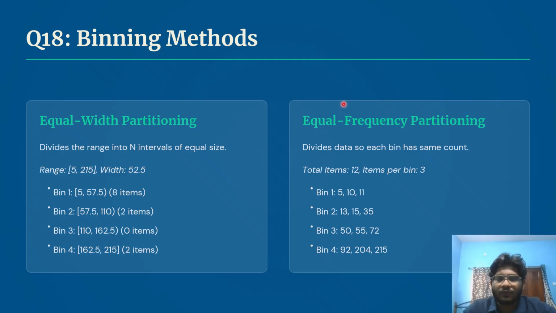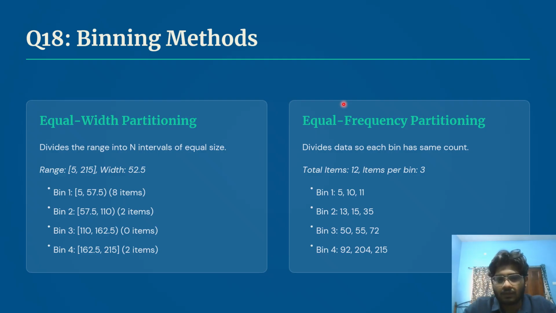And now we will see the equal frequency partitioning. Each bin contains the same number of data points. It divides the data so each bin has the same count.